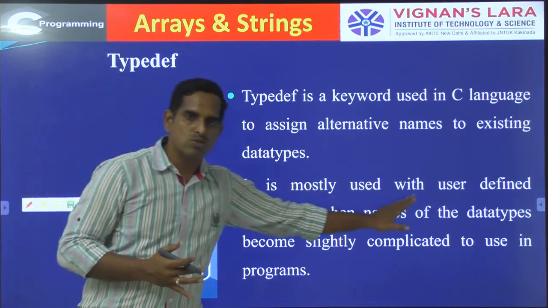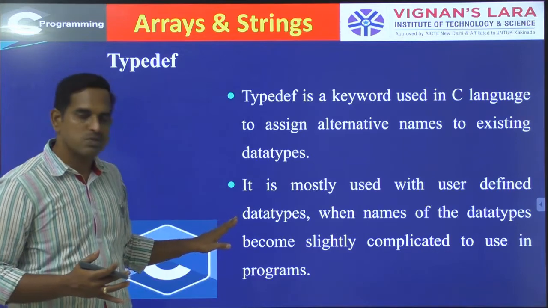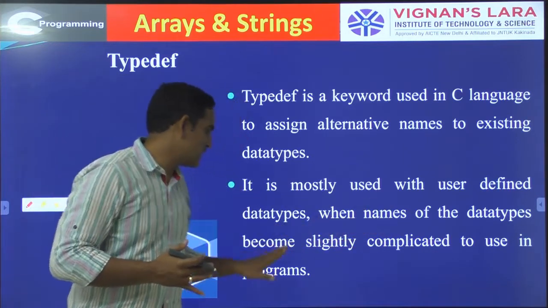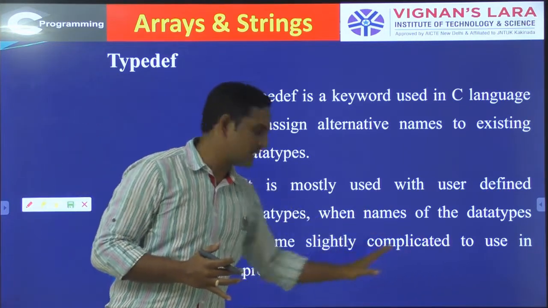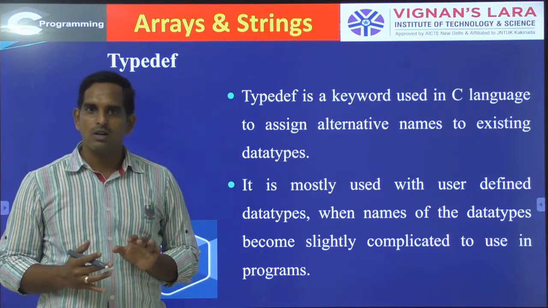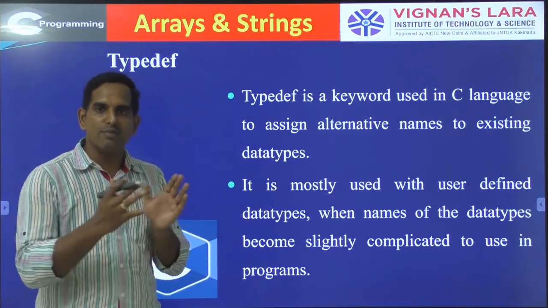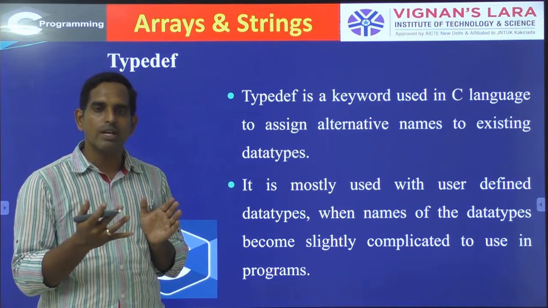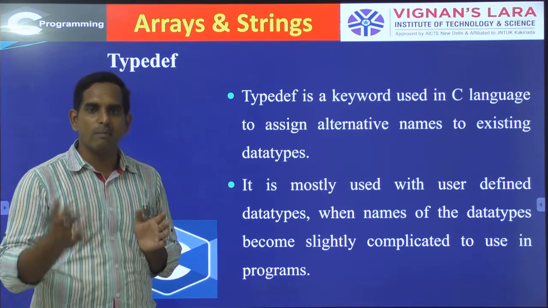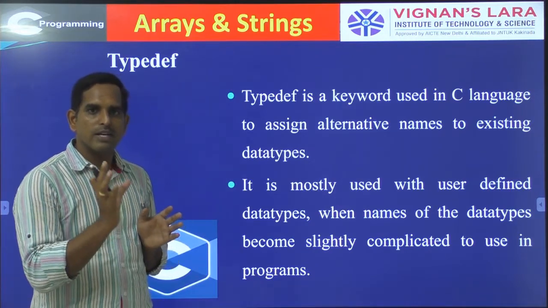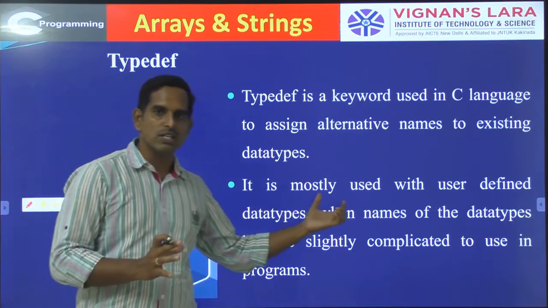It is mostly used with user defined data types, where names of the data types become slightly complicated to use in your programs. Whenever the declaration you are doing becomes slightly complicated, that name can be replaced by using Typedef.